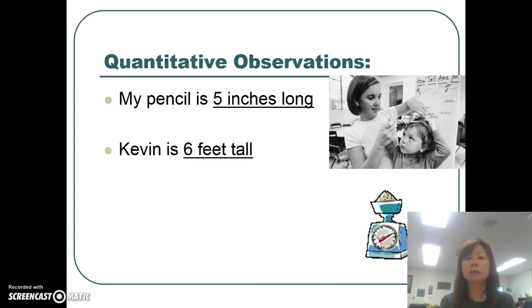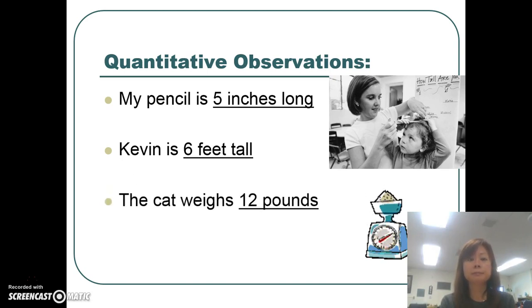Kevin went to the doctor, measured his height and said, hey, you're 6 feet tall. That would be a quantitative observation. Okay, your cat is getting kind of big. You wanted to see how much it weighed and you put it on the scale and it said 12 pounds. That would be another example of quantitative observation. Think of the word quantity, numbers.